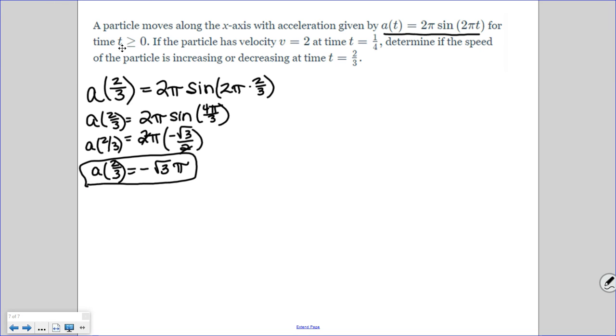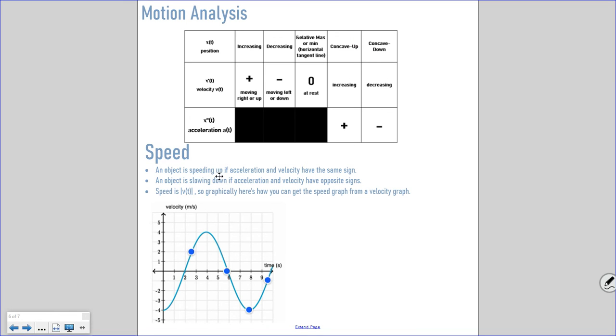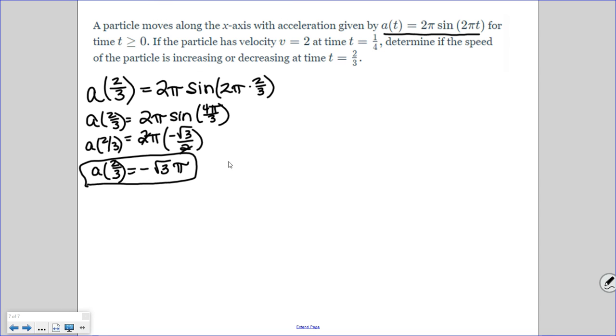I'm going to circle this because I need to remember it later. Now remember, the speed is increasing if acceleration and velocity have the same sign. I found acceleration already. Now we need to figure out what's happening with velocity. I don't have a formula for velocity, so I need to find one. I know that velocity is equal to the integral of acceleration.